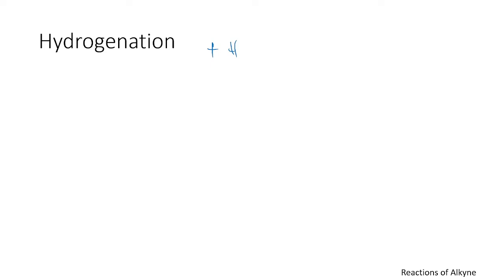We have three types of hydrogenation in which alkynes may be involved. If you have here our basic structure of an alkyne, with our triple bond and R groups attached to those carbons, we can have three types of reaction depending on the type of reagent we use.